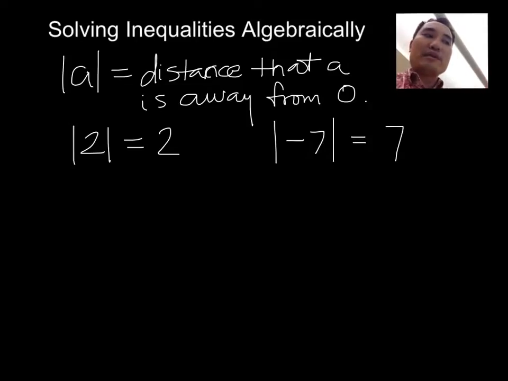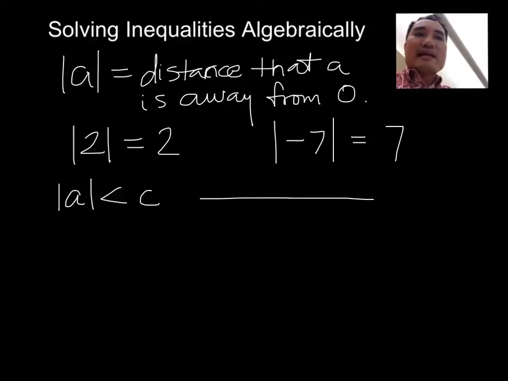That's an inequality. So, first, before that though, what does it mean if I say the absolute value of A is less than C? Well, what that means is that the value of A needs to be within C units from 0.